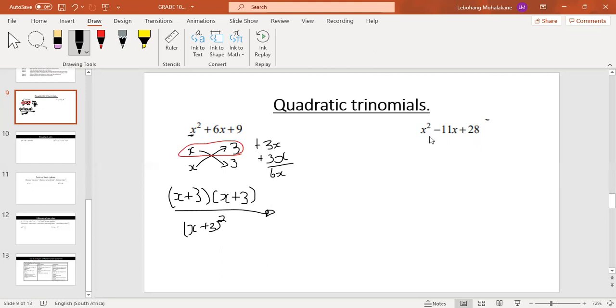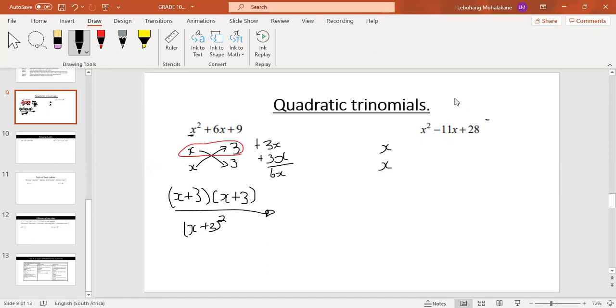The second part seems to be a bit complex, just a bit. Factors of x squared, x and then x, right? You do this on the side. Then factors of 28 that are most likely to give you negative 11, or just 11.